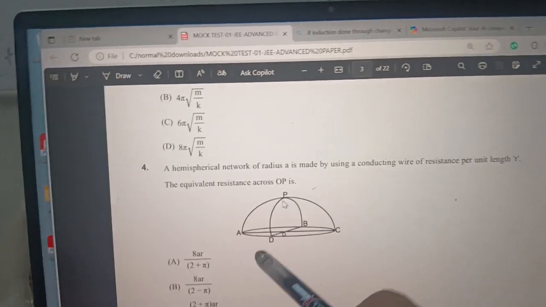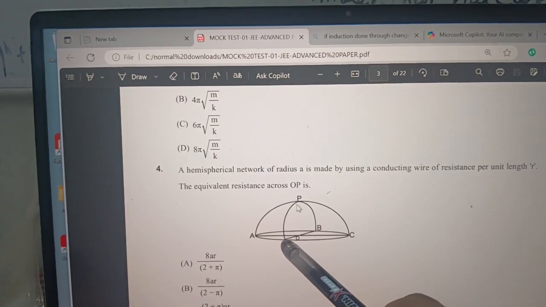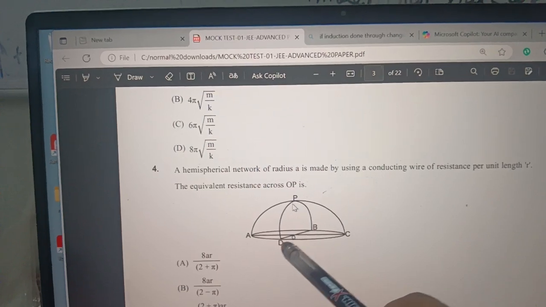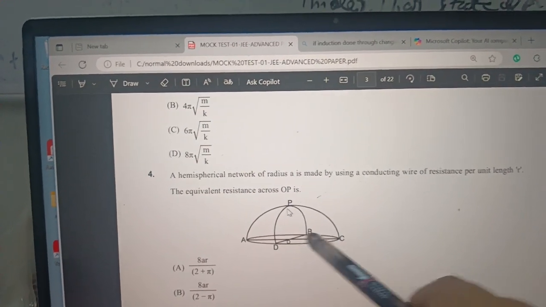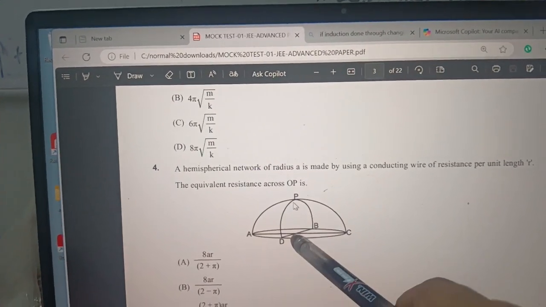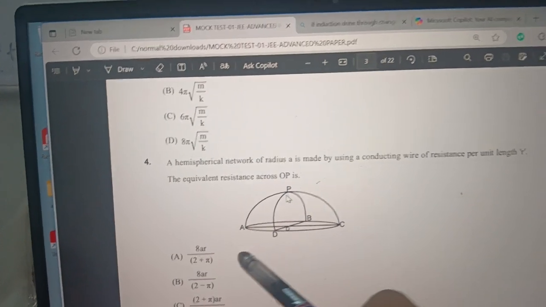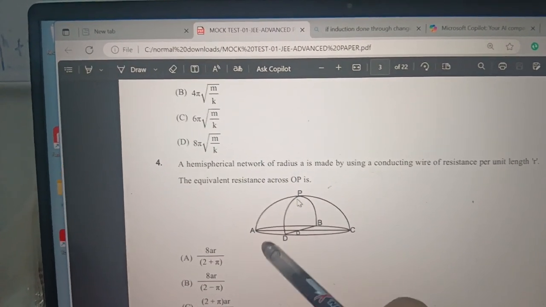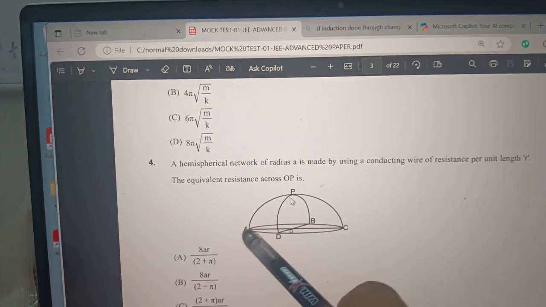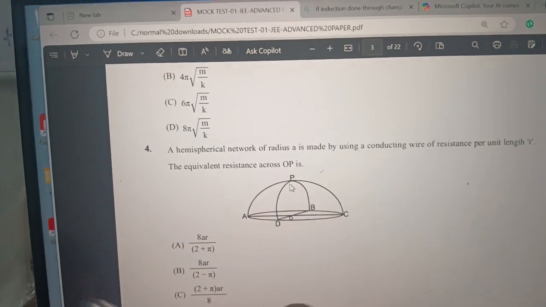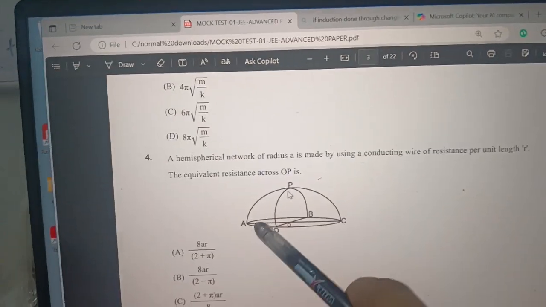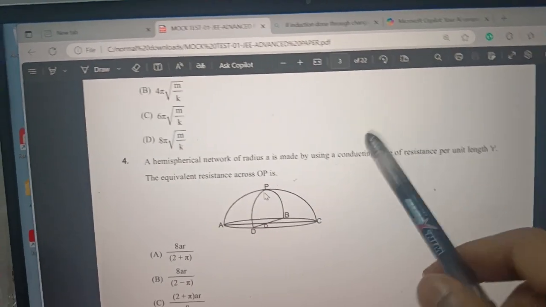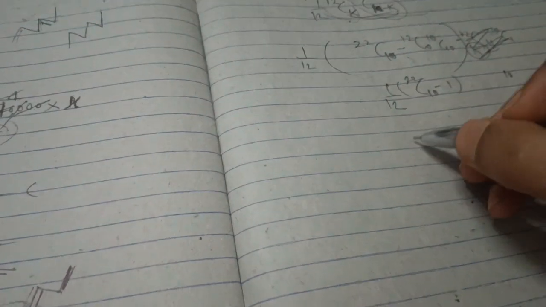Now when the current I by 4 flows in this, we know that through the symmetry this DO current, this OC current, and BO current, AO current will be equal. So it means the current through this AD, DC or BC, AB is 0, means that is a useless part. We can remove these parts and the current would be simply in this manner.